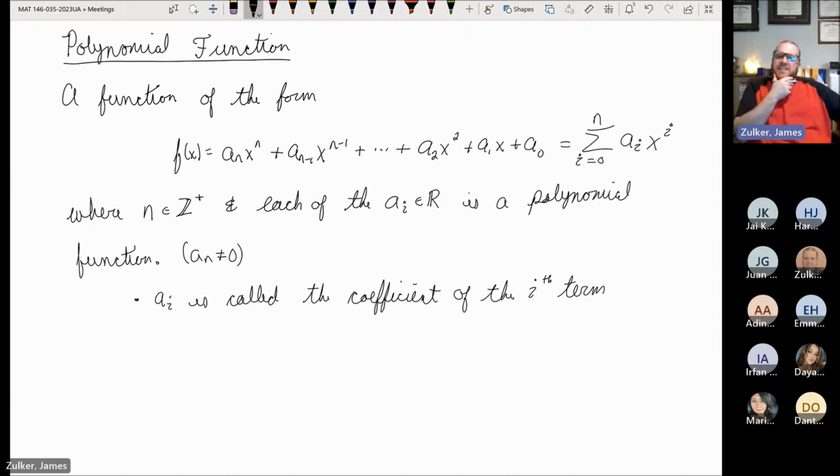Specifically, a sub i is the coefficient of the ith term.